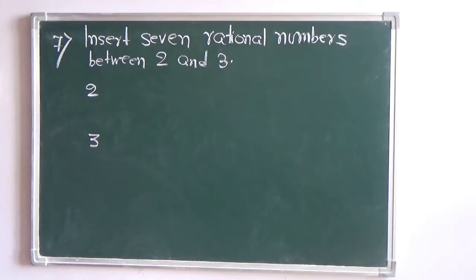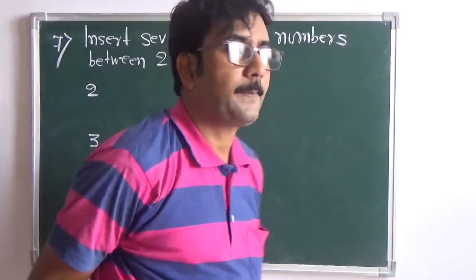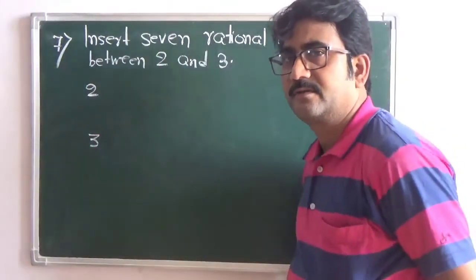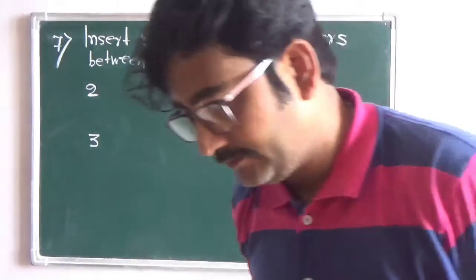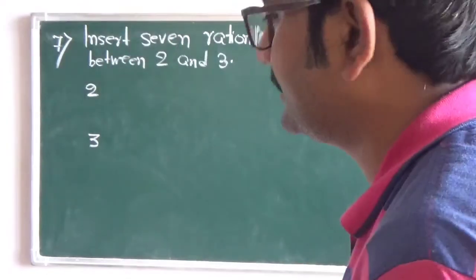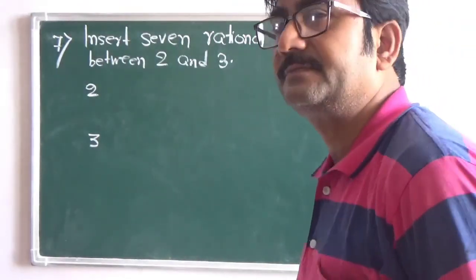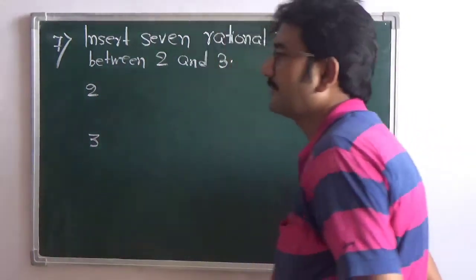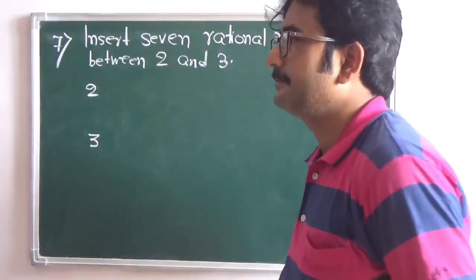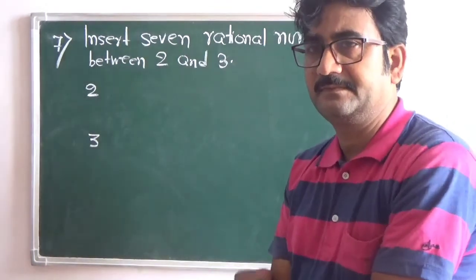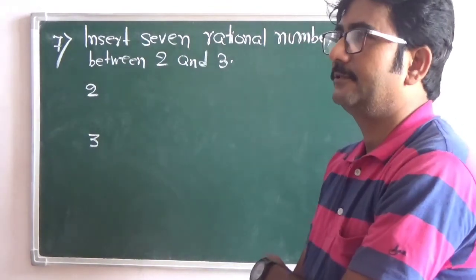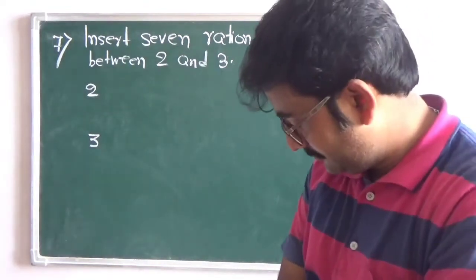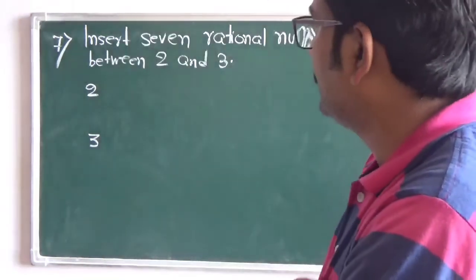How can you find 7 rational numbers between 2 and 3? Come on, tell. How to proceed? Hurry up. What do you have to do here?